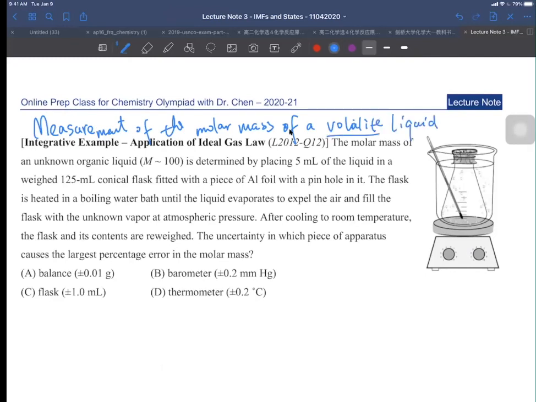Volatile means it is easy to vaporize. So this is the goal of the experiment. So how can we achieve this?